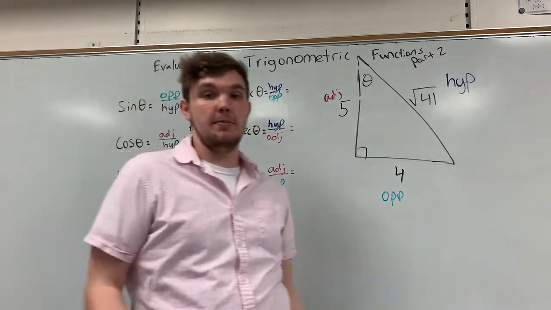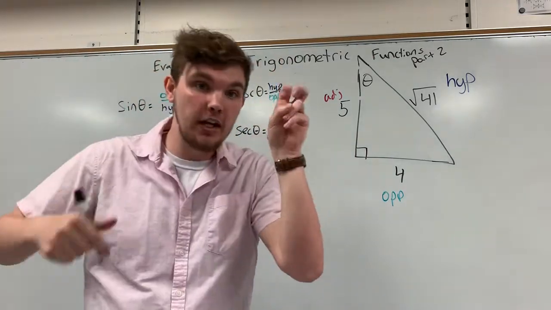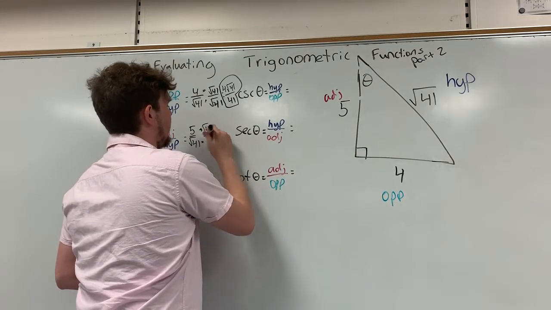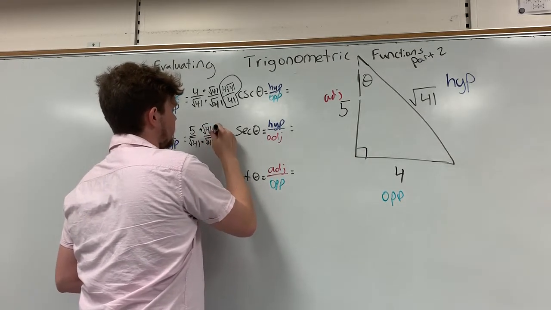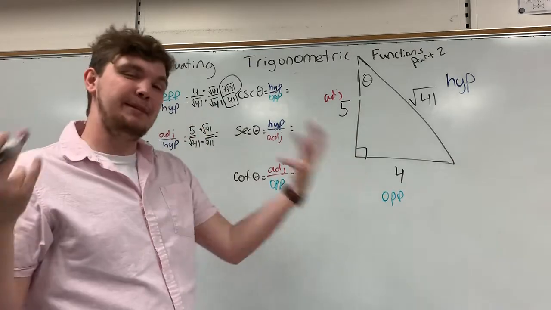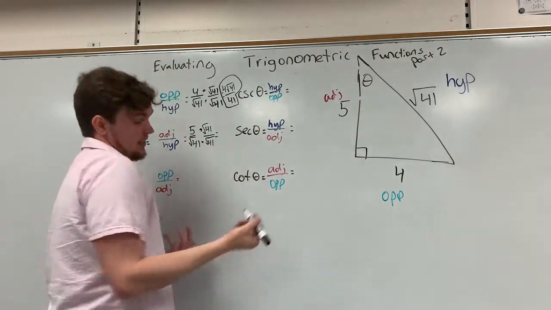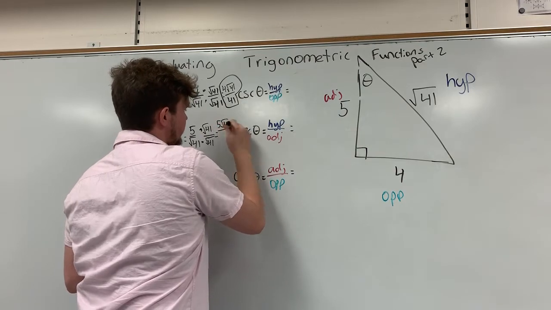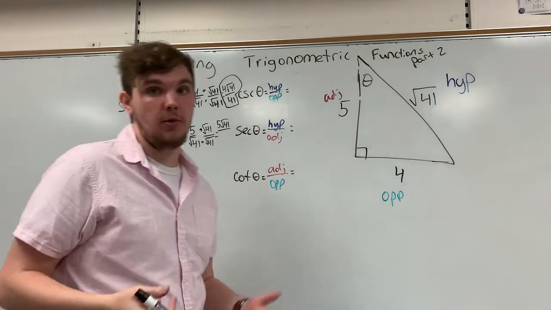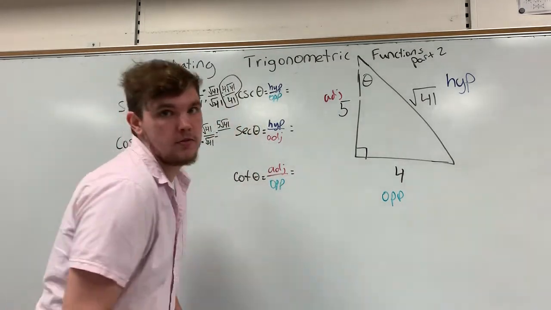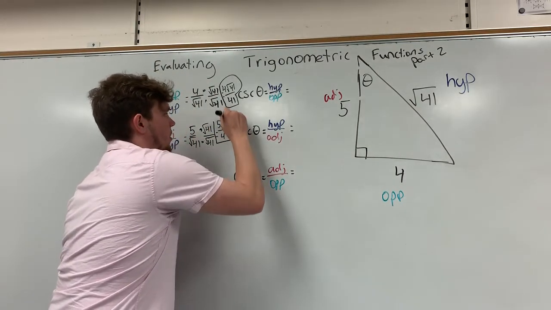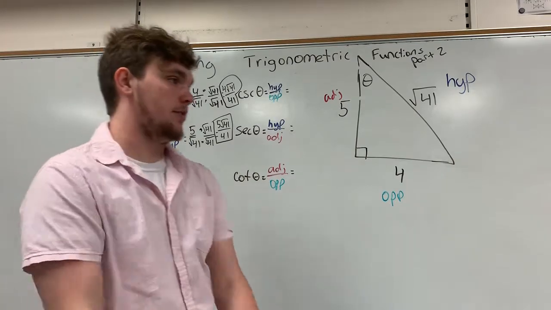What is that something going to be? Well, again, it's going to be a funky 1. It's going to be square root of 41 divided by square root of 41. Okay? When I simplify this, the numerator is still just 5 square root of 41, and then square root of 41 times square root of 41 is just 41. Boom. That's all she wrote.